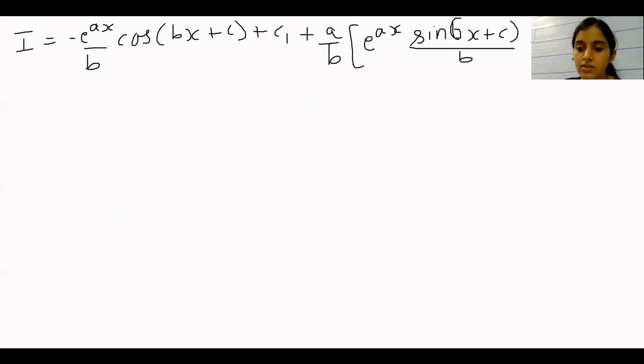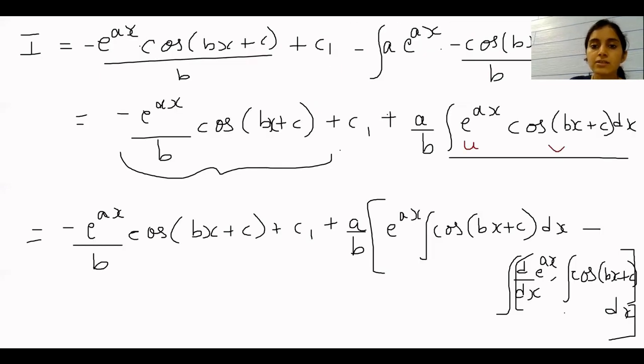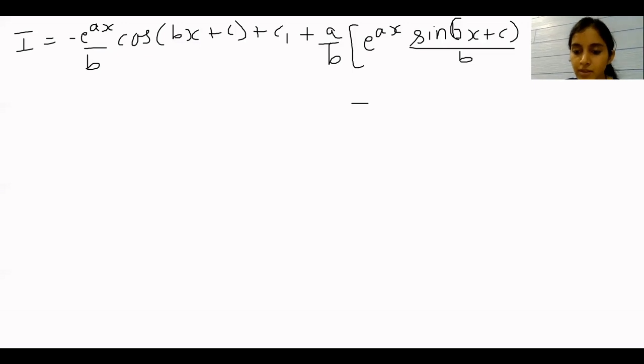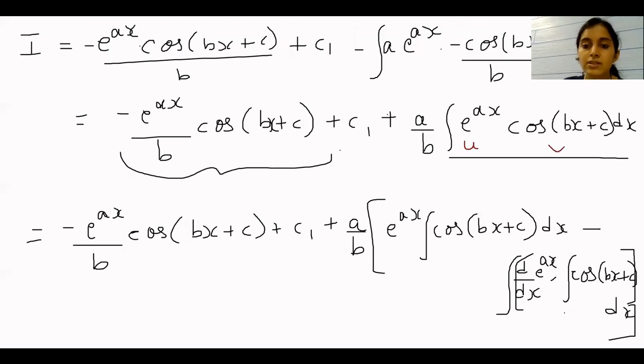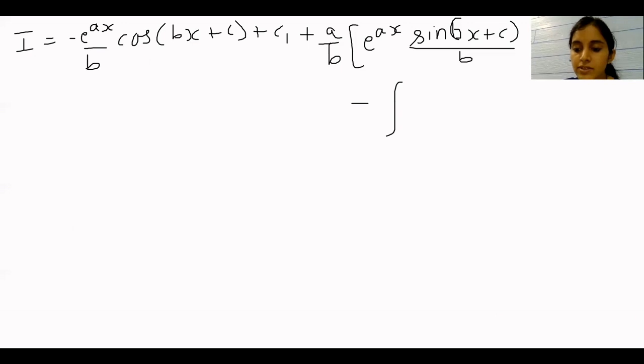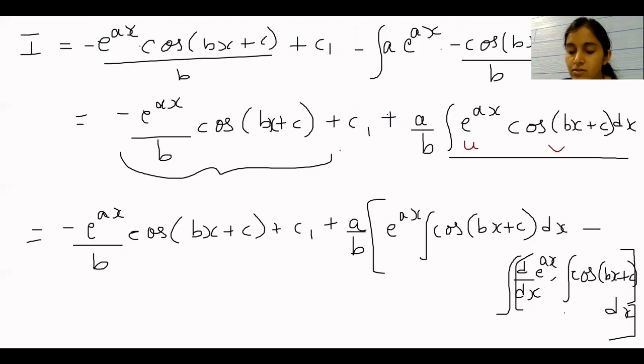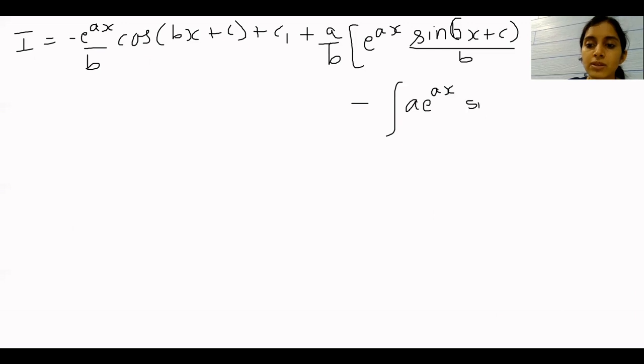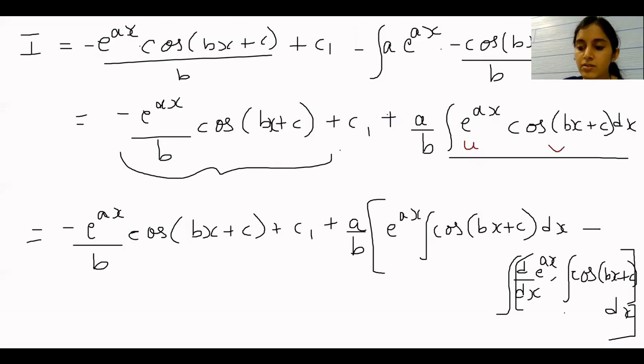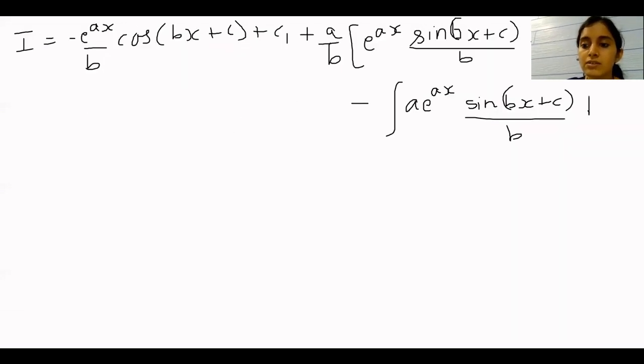Minus sign as it is, so minus integration sign, derivative of e raised to ax will be a e raised to ax, integration of cos of bx plus c will be sine of bx plus c upon b, and dx. Close the square bracket.